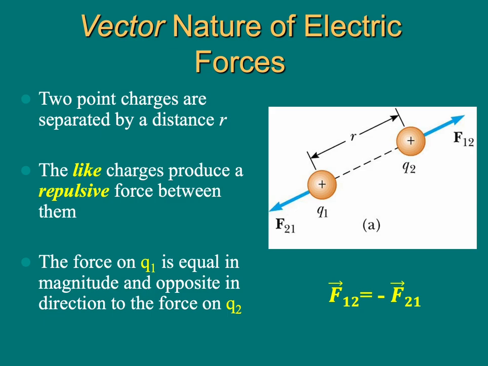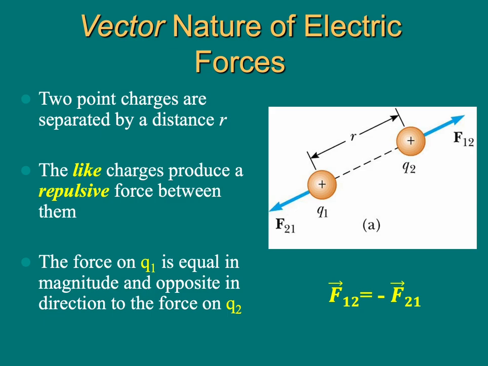And how about direction? For direction, you just have to go back to the repulsive or attractive force between two charged particles. The electric force is always going to be along the line joining those two objects.